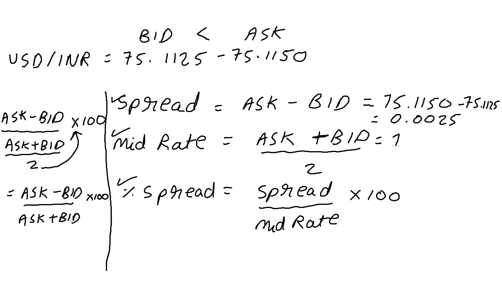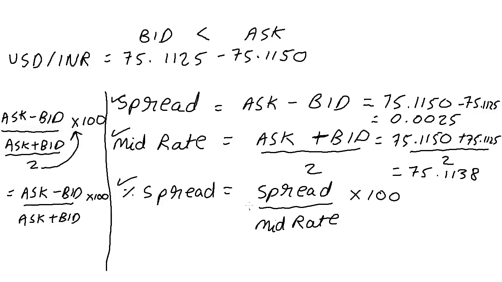Now, as far as the mid rate is concerned, similarly we can do the math. We have 75.1150 plus 75.1125, the whole thing divided by 2, which gives us roughly 75.1138.